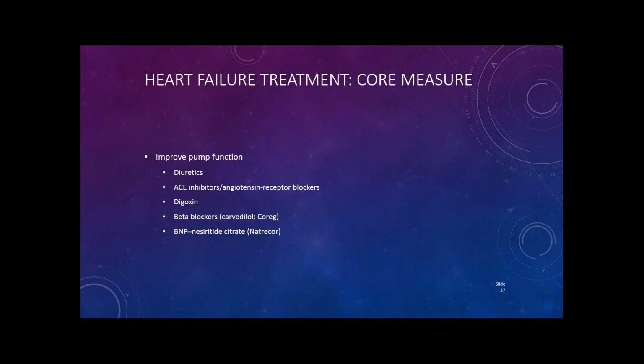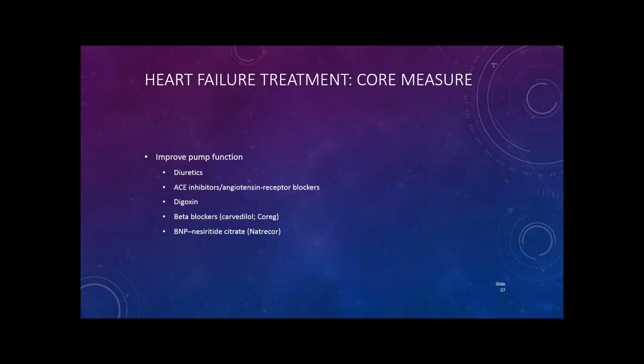Digoxin is a medication that helps improve contractility, or the squeeze, right? Beta blockers such as Coreg help us reduce some of that angiotensin and aldosterone release.